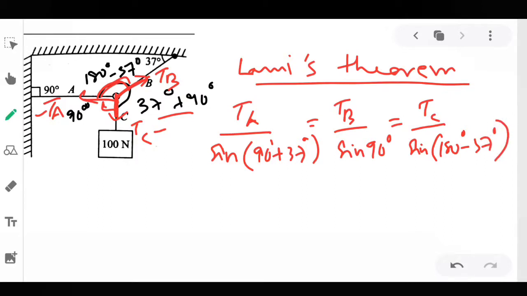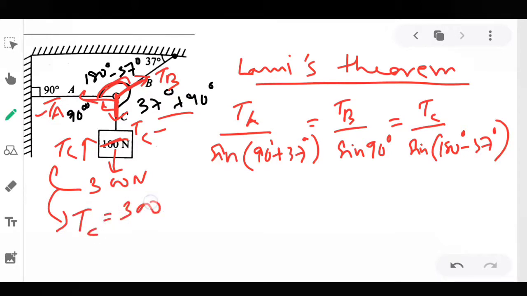This is not 300 Newton, this is 30 kg, so this is 300 Newton. For this block, downward force is 300 Newton, upward force is TC, so TC is equal to 300 Newton. So this quantity is known.